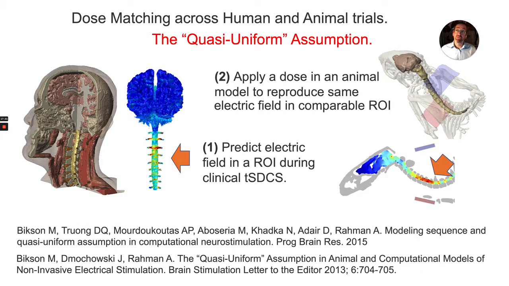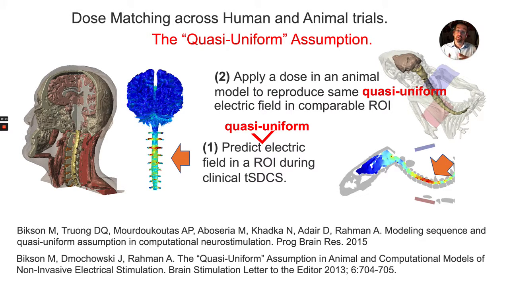And so the framework that we propose to explain this approach is something that we call the quasi-uniform assumption. It follows the same rule with a little caveat: one, you predict the electric field in a region of interest, and you assume that it is quasi-uniform, that is, essentially uniform. What that means is you make an assumption that in the ROI that you're interested in the clinical case, there is a single electric field that can be extracted.